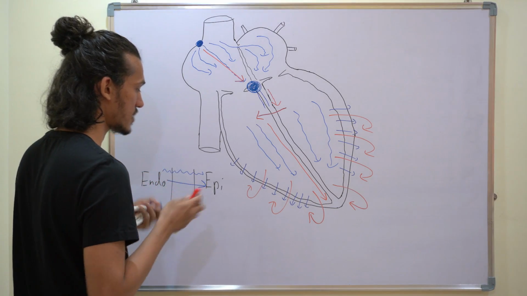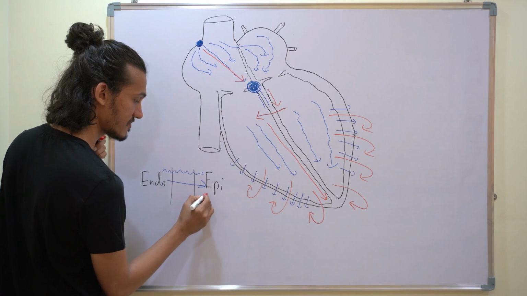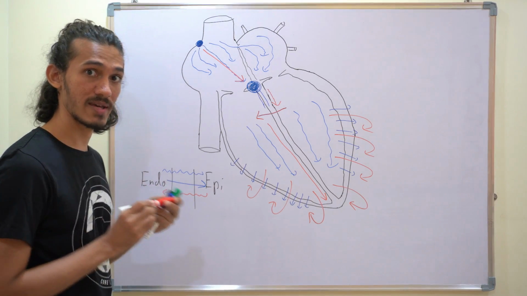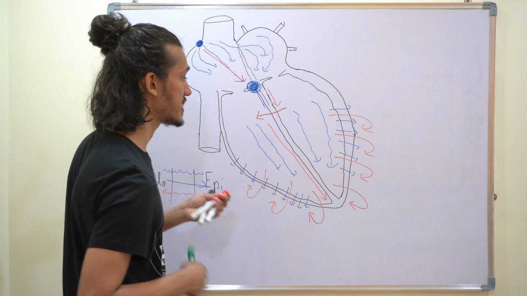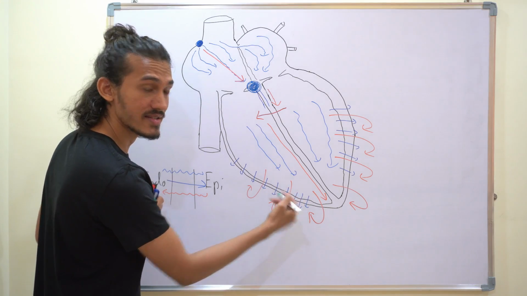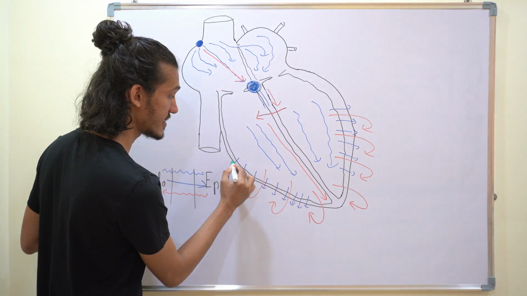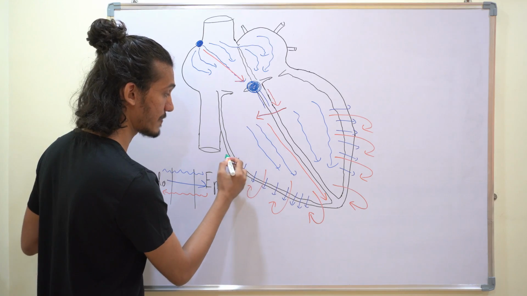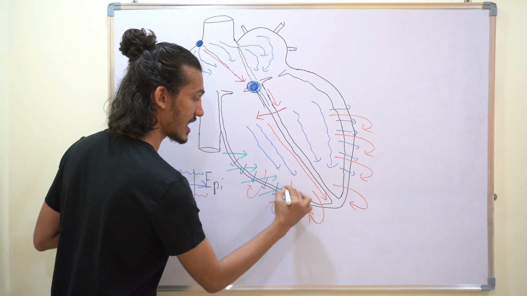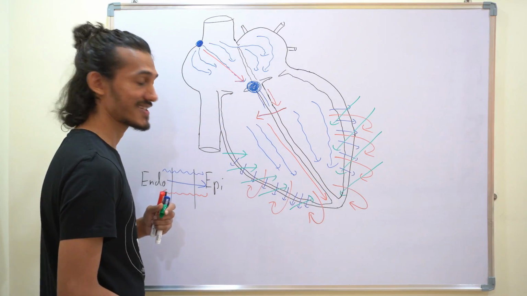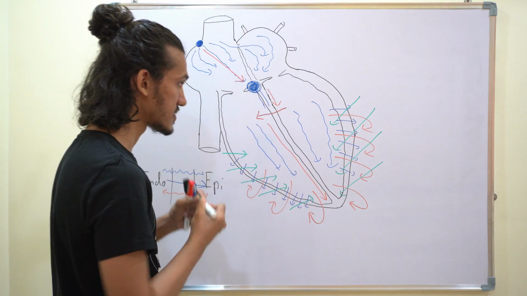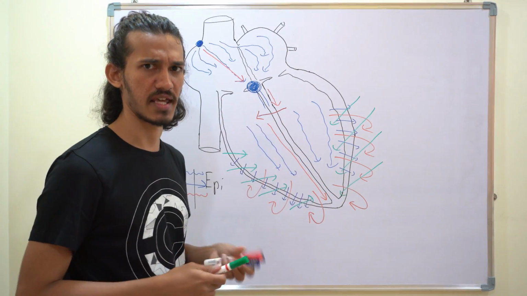So what happens now would be for the epicardium to repolarize first. Okay, so when we try to make it out over here, these currents, right, the activation would be from epicardium to endocardium. So from epicardium to endocardium, right? And from the base also it is coming, right? So this is how the final repolarization takes place.